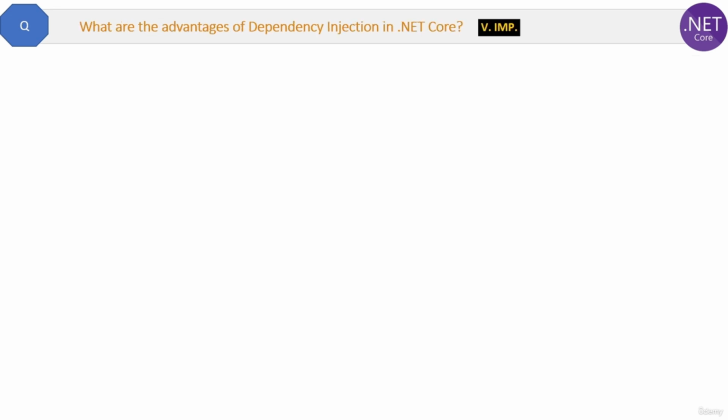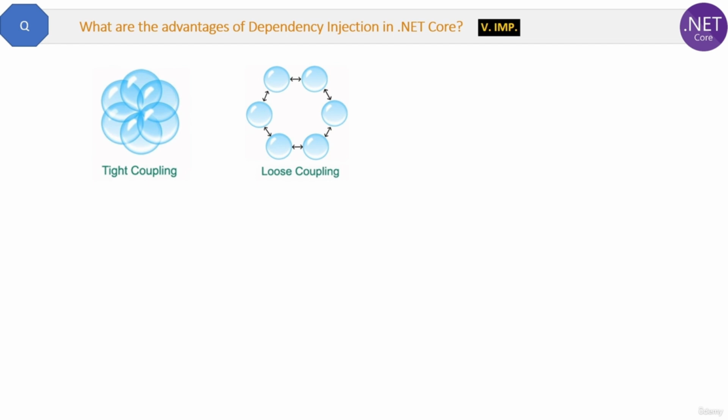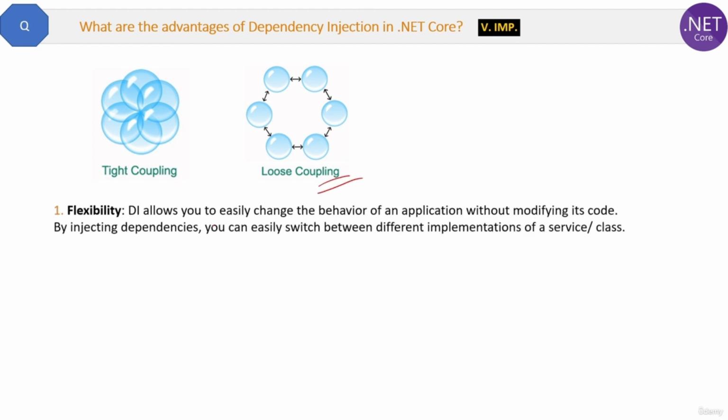What are the advantages of dependency injection in .NET Core? We already saw what dependency injection is and how to implement it in .NET Core. Basically, it gives you loose coupling between the services, and that loose coupling gives you some advantages. Here are the 4 advantages. Flexibility: DI allows you to easily change the behavior of the application without modifying its code.